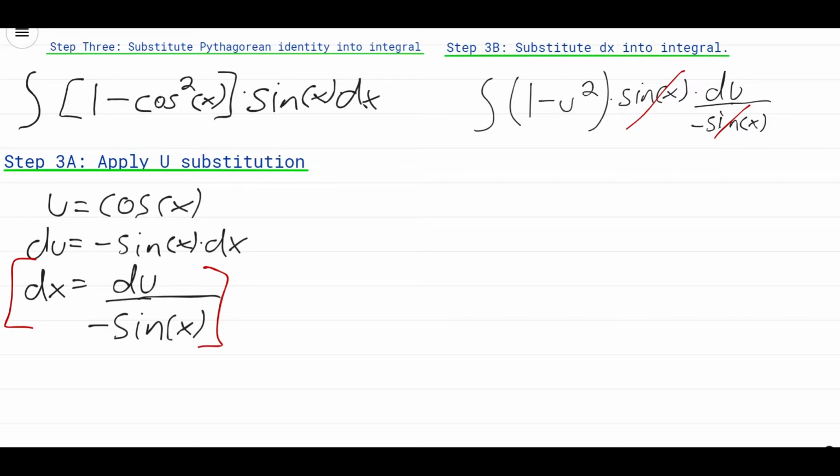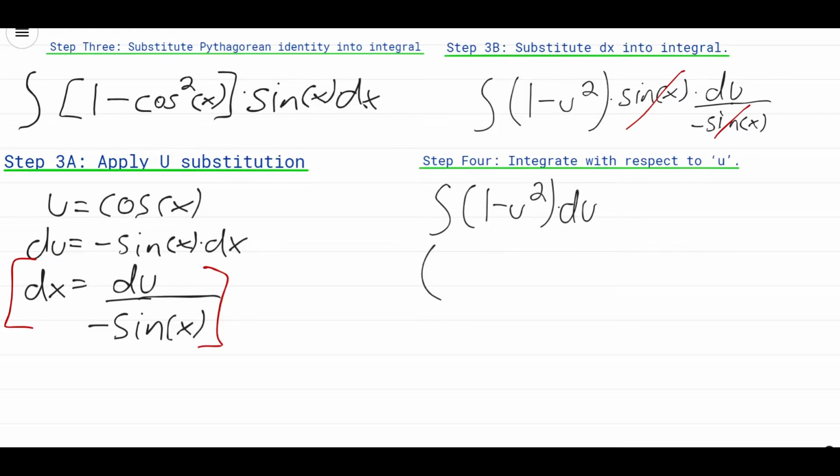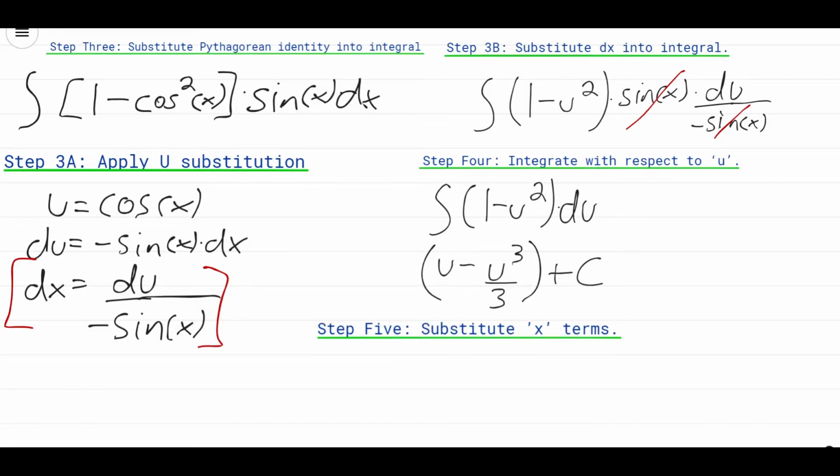So now we're going to integrate this function with respect to u. So 1 minus u squared times du, and we know this will integrate to u minus u cubed over 3 plus c. And when we do this, we're going to substitute in the x terms, because now we have it in terms of u.